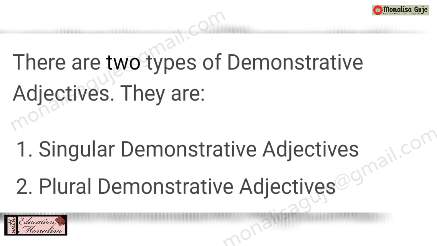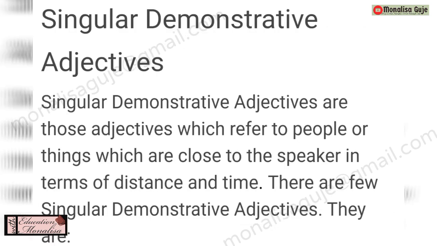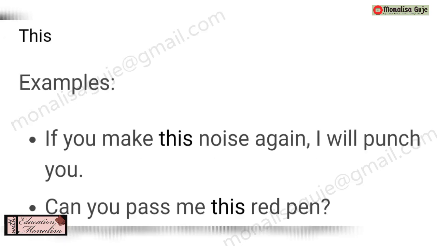Now we'll see the first one, singular demonstrative adjectives. These are those adjectives which refer to people or things which are close to the speaker in terms of distance and time. There are few singular demonstrative adjectives. And what are those? Let's see. Example, this. If you make this noise again, I'll punch you.